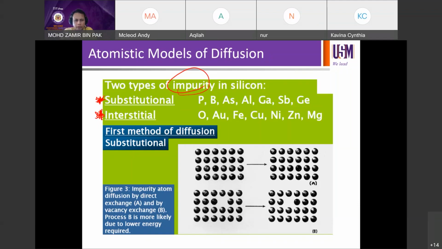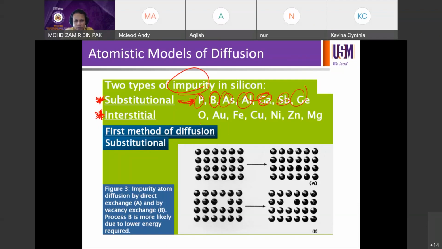So if you incorporate say boron or phosphorus, they will be considered as substitutional impurities or dopants: arsenic, aluminium, gallium, antimony, germanium. So they are substitutional in nature.